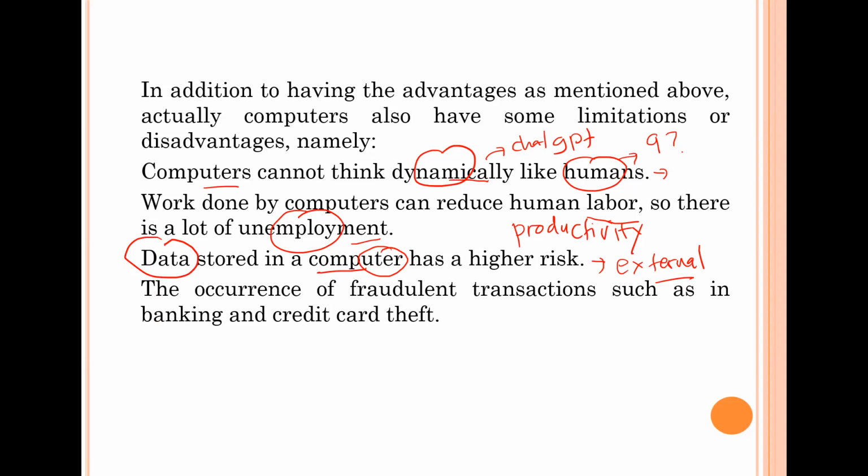Okay, the next limitation is related with the occurrence of fraudulent transactions such as banking and credit card theft. When we talk about banking, that's related with money. Money means you have to be careful when doing transactions using money.